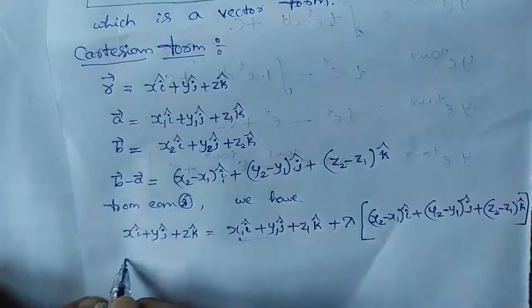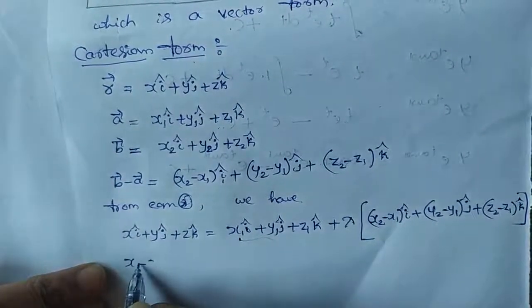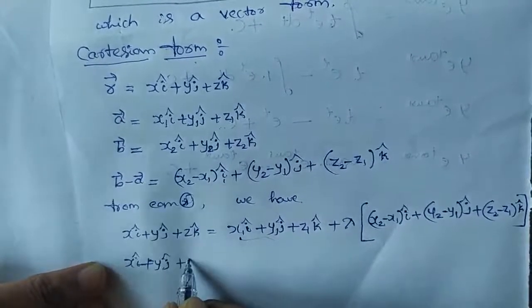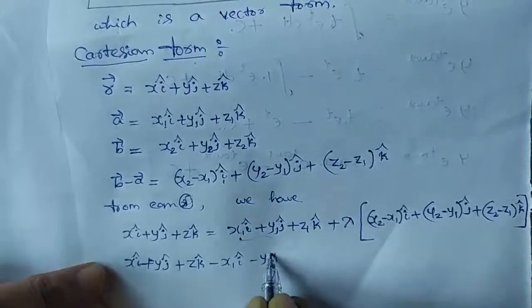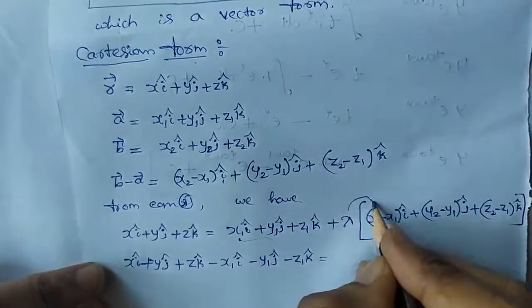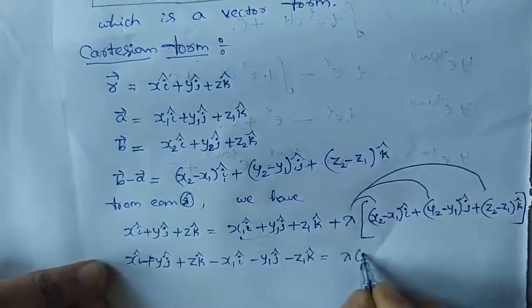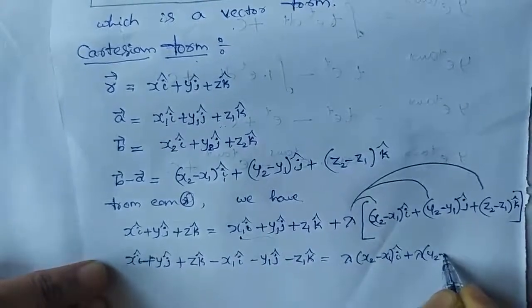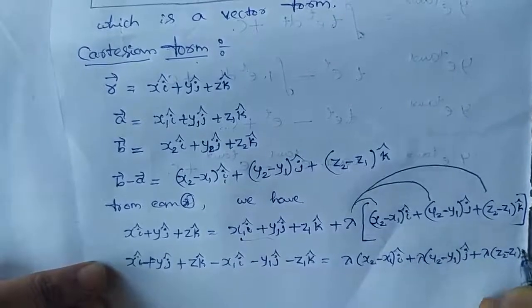Then we will get xi plus yj plus zk minus x1i minus y1j minus z1k equals, also multiplying lambda inside the brackets, lambda into x2 minus x1 i plus lambda into y2 minus y1 j plus lambda into z2 minus z1 k.